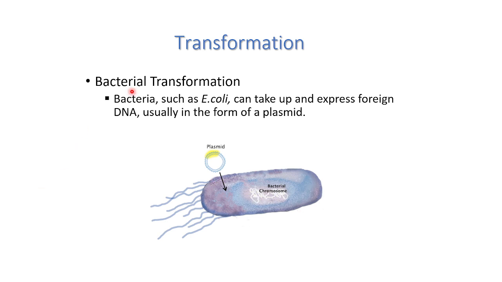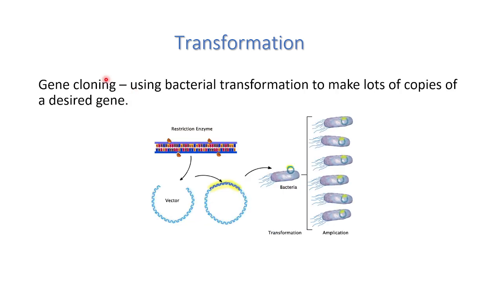So your bacterial transformation is in bacteria such as your E. coli, which can take up and express your foreign DNA, usually in the form of plasmids. So, in gene cloning, we use bacterial transformation to make lots of copies of your desired gene.